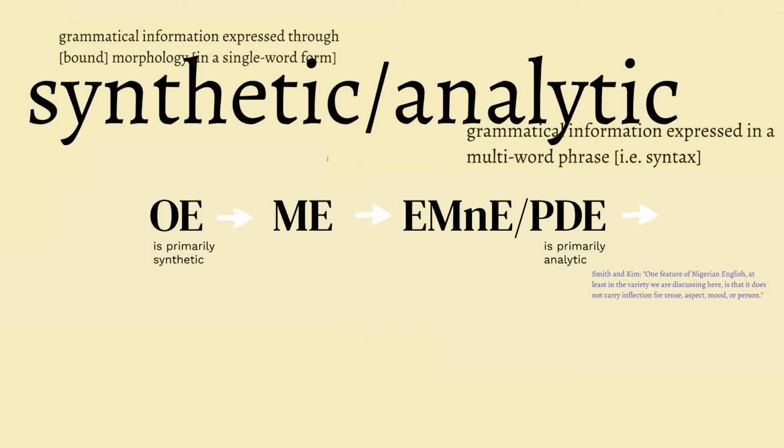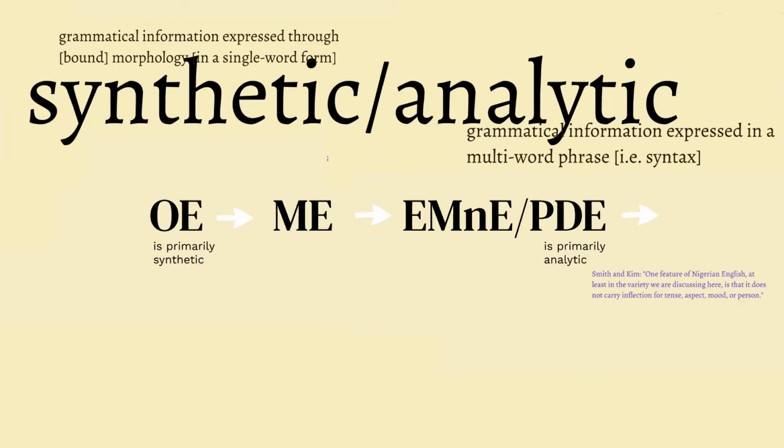Synthetic and analytic. A synthetic language expresses its grammatical information through morphology in a single word form, usually bound, right? So a synthetic language tends to express its grammatical information through morphology primarily. An analytic language or variety expresses its grammatical information in multi-word phrases, that is, through syntax.